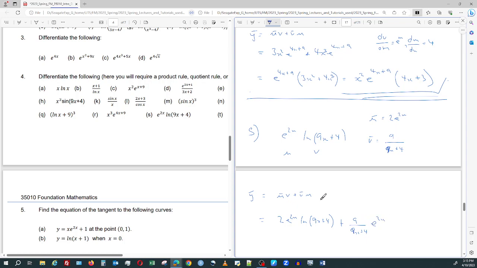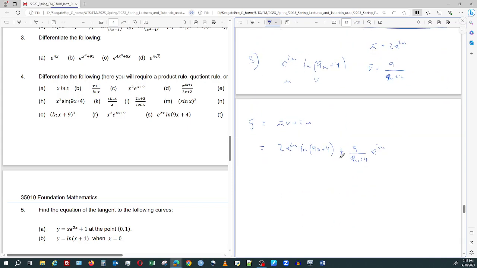Is there anything common across the algebra? e to the 2x is common, so we can take that out. So we'll get e to the 2x, and don't forget your bracket. Now what makes this first term? 2 ln of 9x plus 4.